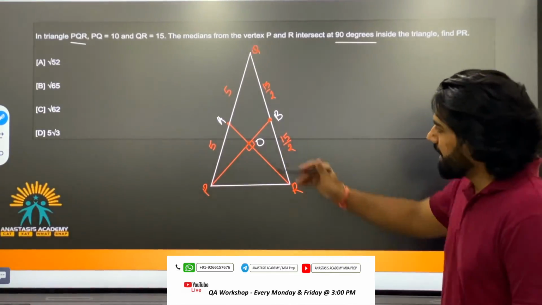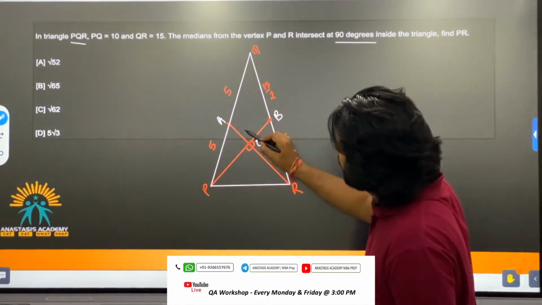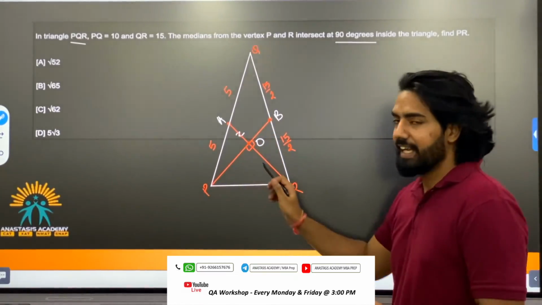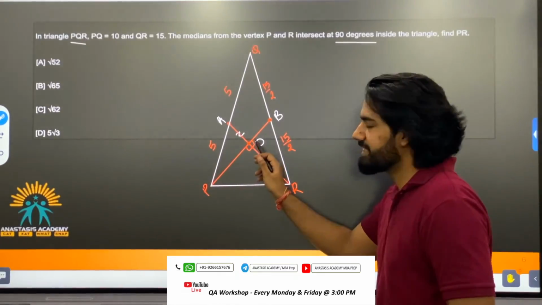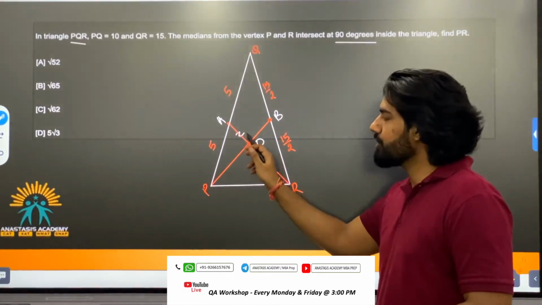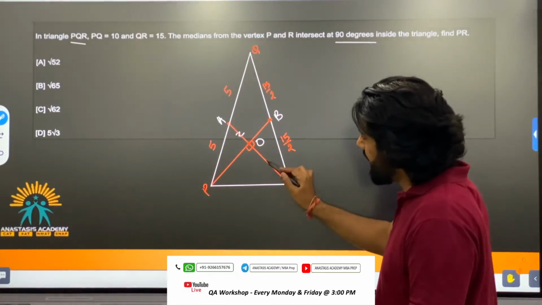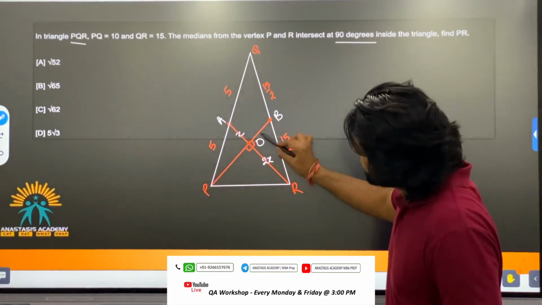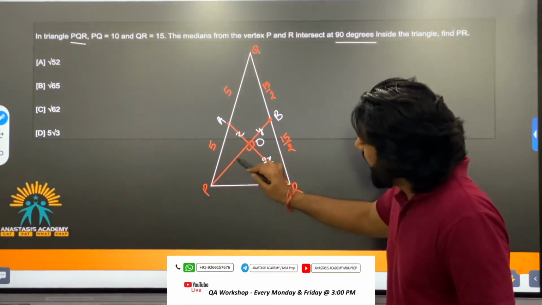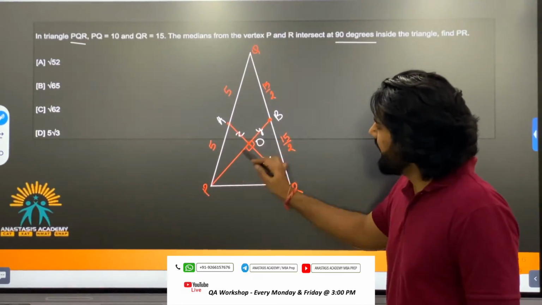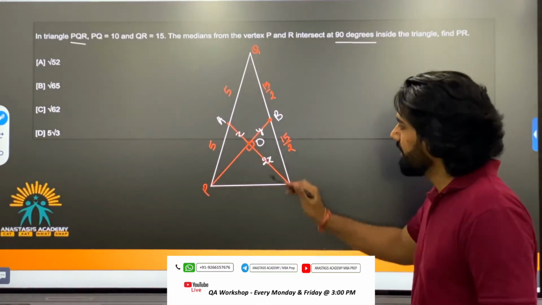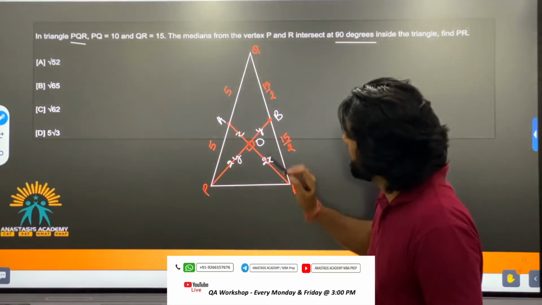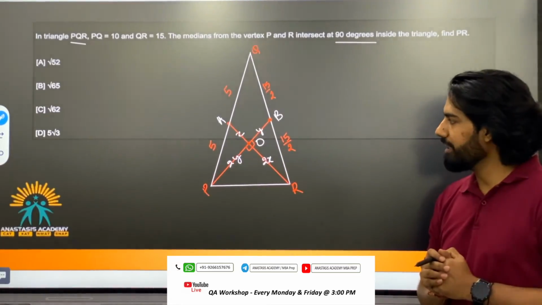I am assuming the length of this part AO as x. Since O is the centroid, it divides this median in the ratio 2:1. So if this is one part, this is two parts, so it becomes 2x. I'm assuming this length OB as y, and because this is the centroid, it divides this median PB in the ratio 2:1, so this part PO will be twice of this part, 2y.